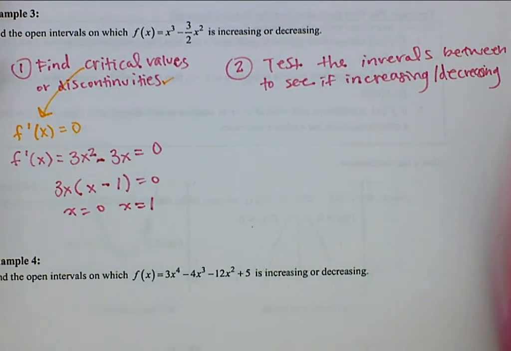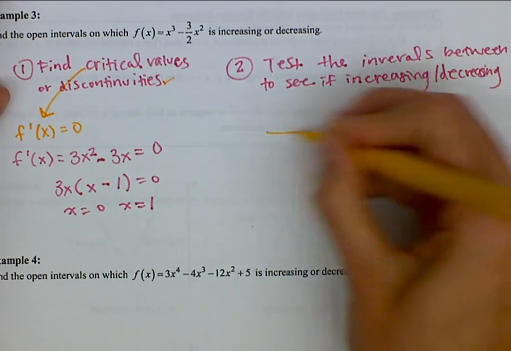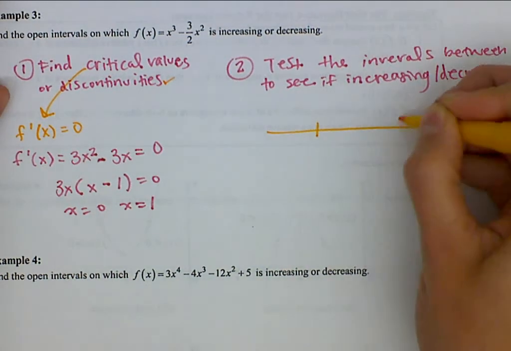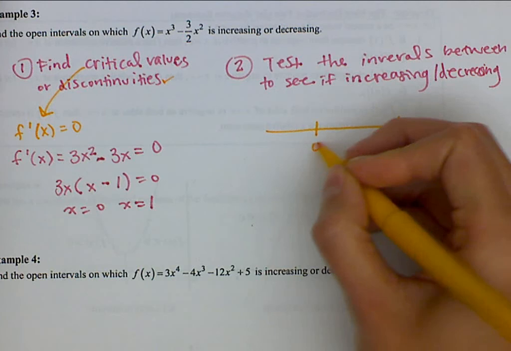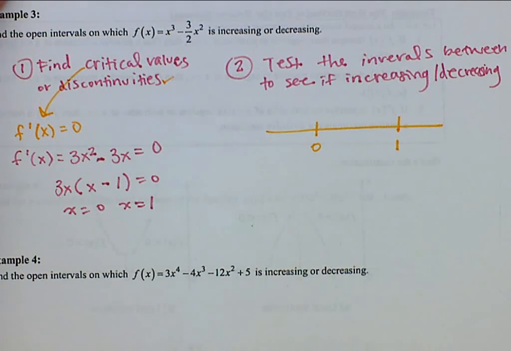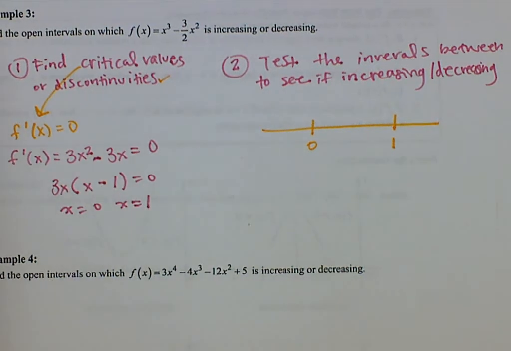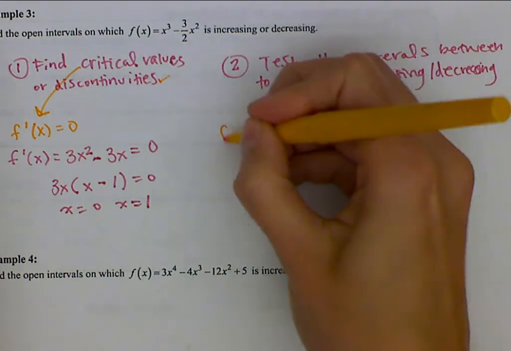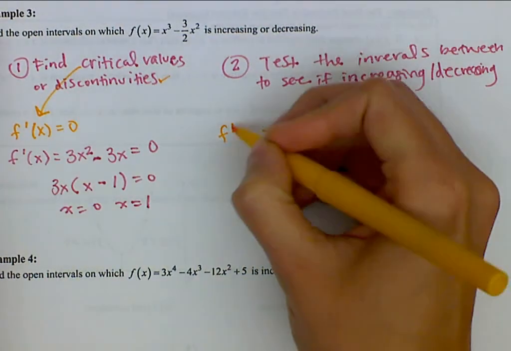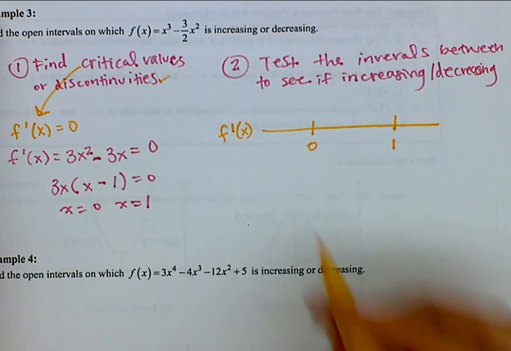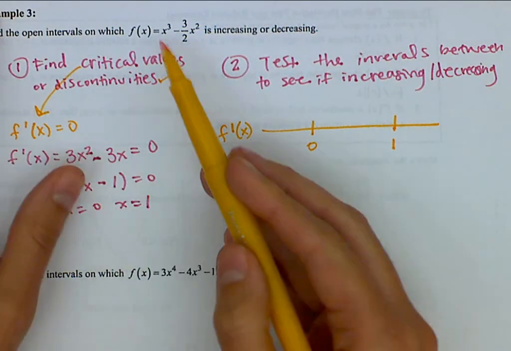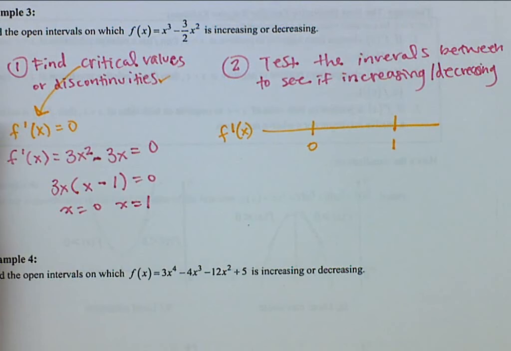We're going to make these tables. You maybe remember making them before, and we're going to put our critical values on them, so 0 and 1. And since we want to see if we're increasing or decreasing, we are going to plug these values into f prime, the derivative, not into the original function, because we want to see what's happening to the slope.